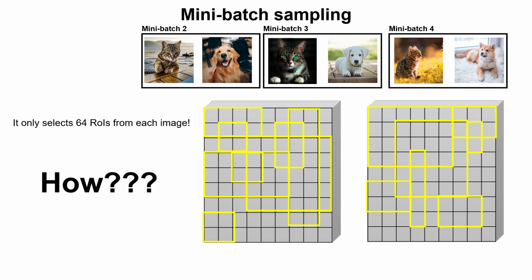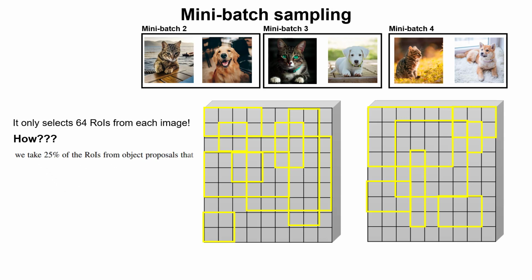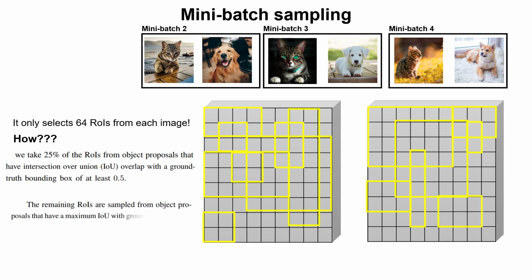But the question is, how? Do we sample them randomly? Or is there a logic behind that? Let's see. The paper basically says we take 25% of the RoIs from object proposals that have intersection over union overlap with a ground truth bounding box of at least 0.5. The remaining RoIs are sampled from object proposals that have a maximum IoU with ground truth in the interval 0.1 to 0.5.